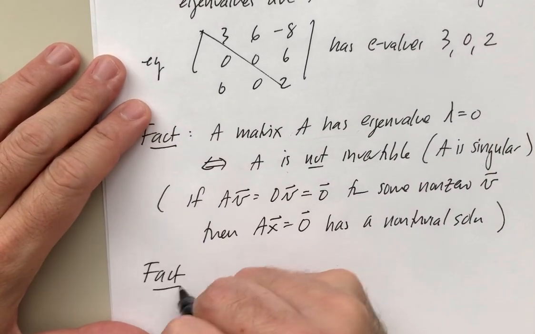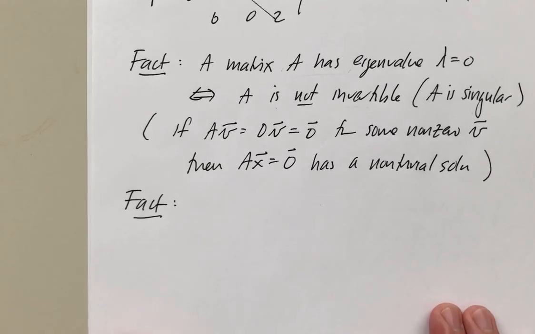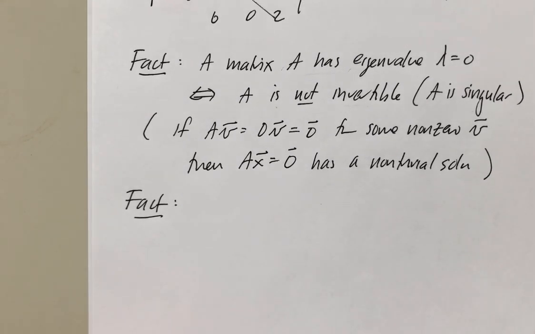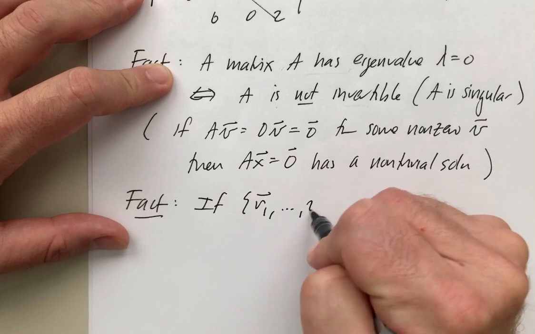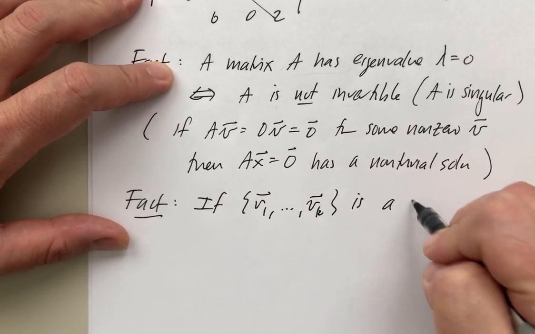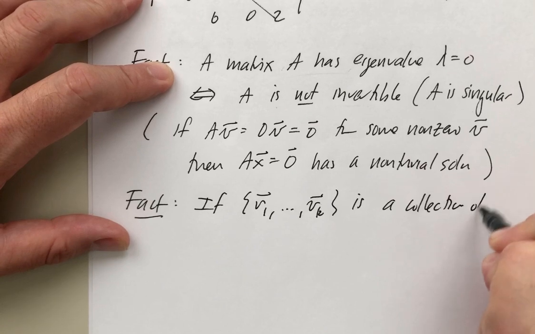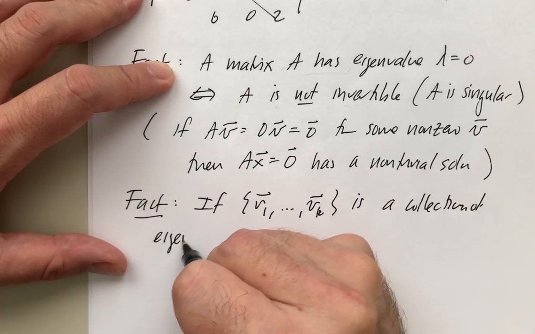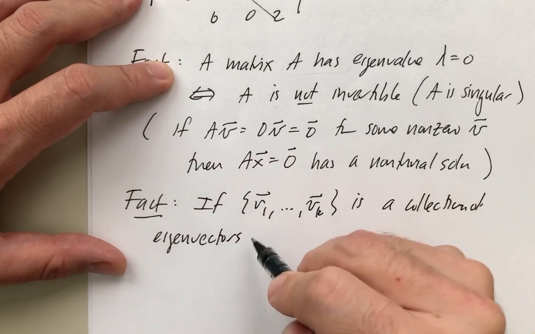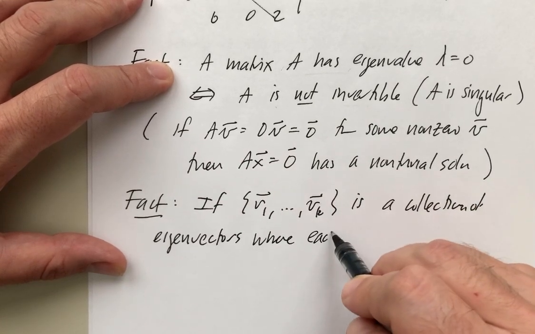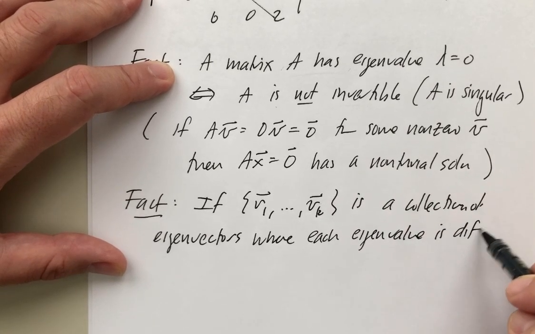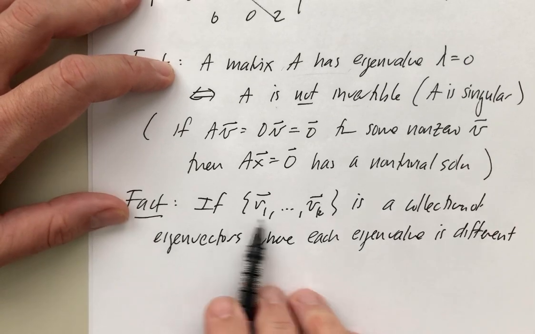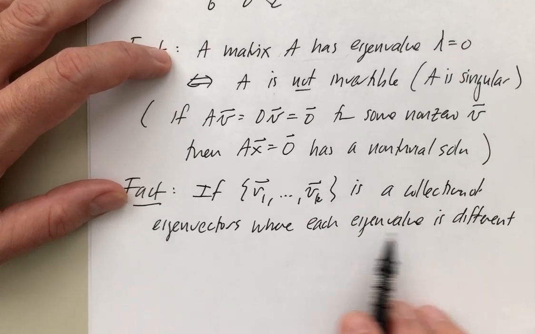Okay, so the last fact I want to jot down, we're going to come back to this, but I want to write it down so we have it. If V1 through, let's say, Vk is a collection of eigenvectors where each eigenvalue is different, so you have a bunch of vectors, they're all eigenvectors, but each eigenvalue is different.